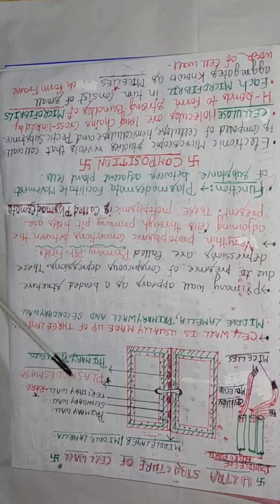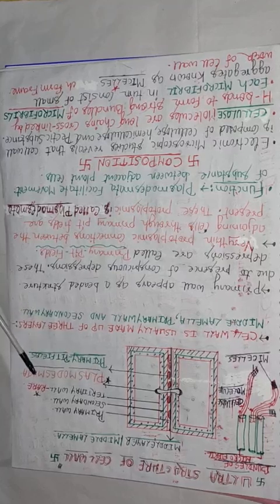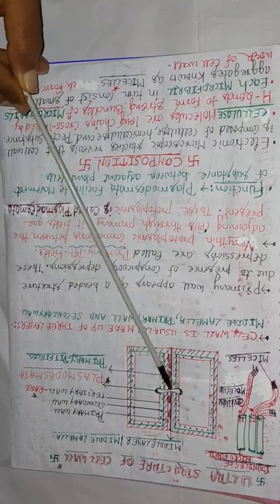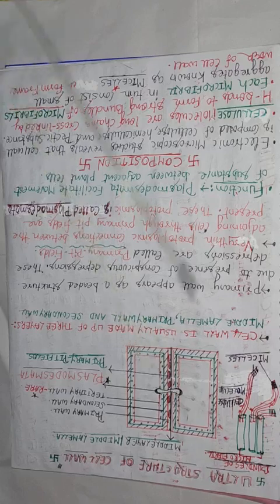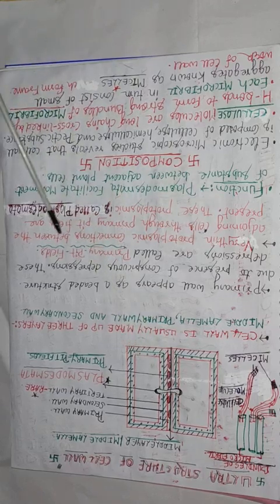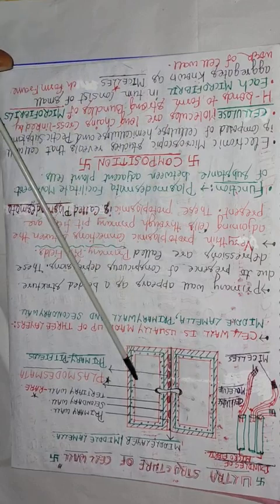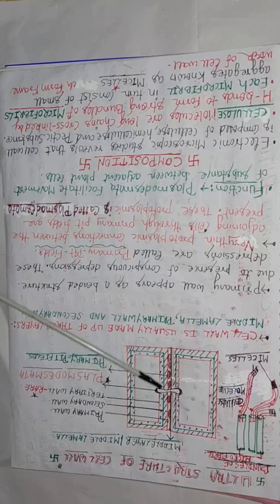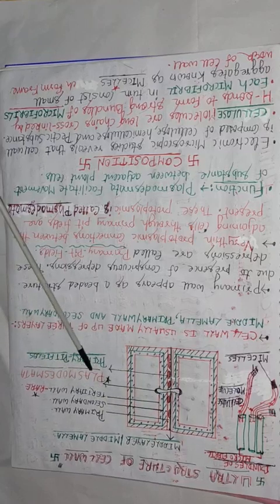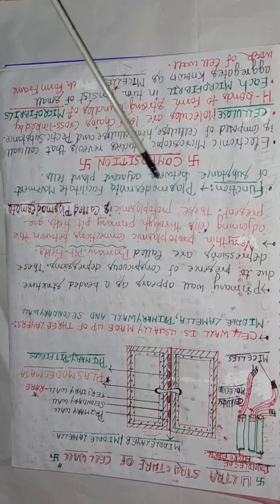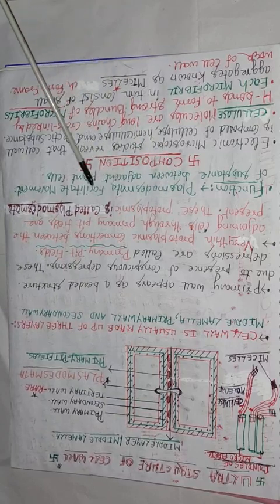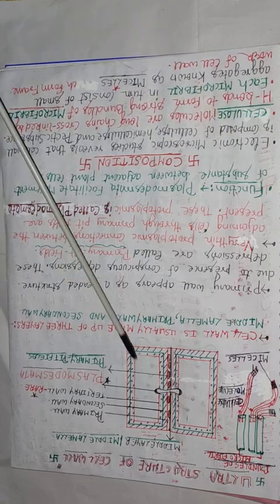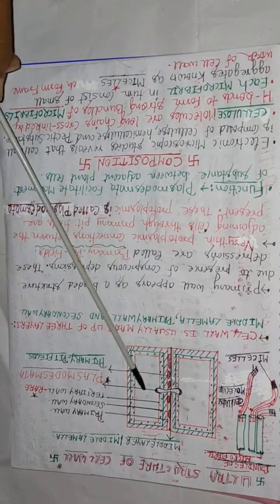Children, so what are plasmodesmata? These are very thin protoplasmic connections between the adjoining cells through primary pit fields. Okay. And what is the function of plasmodesmata? Plasmodesmata facilitate movement of substances between adjacent plant cells.